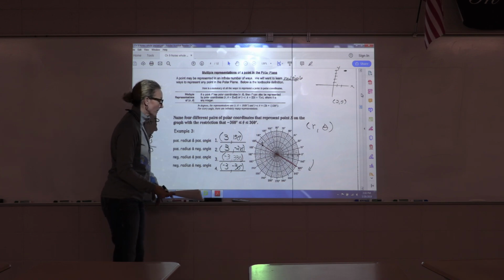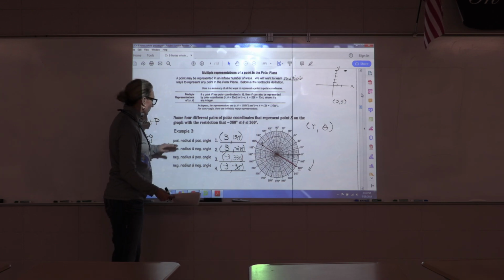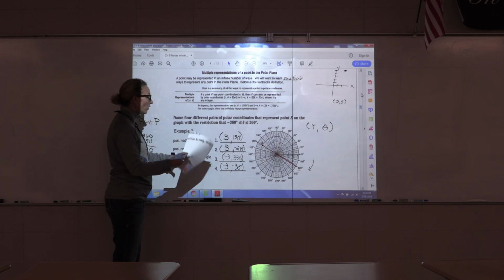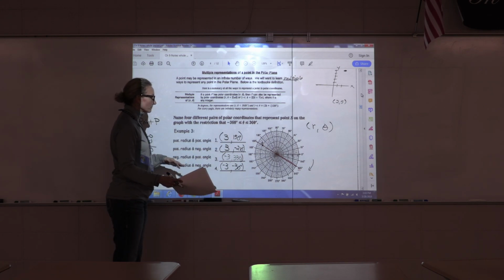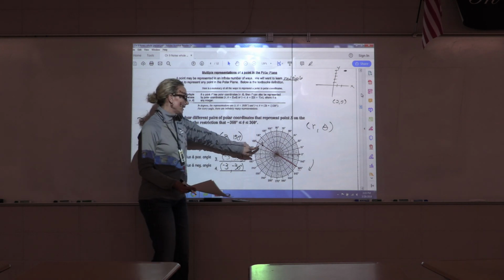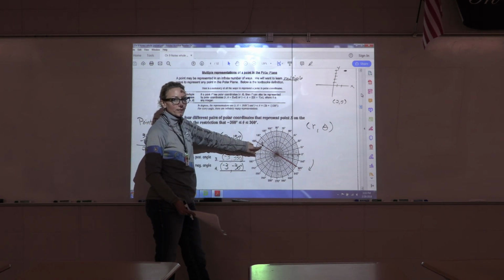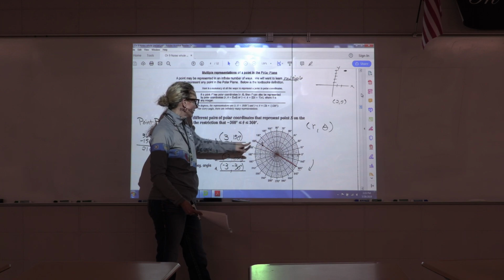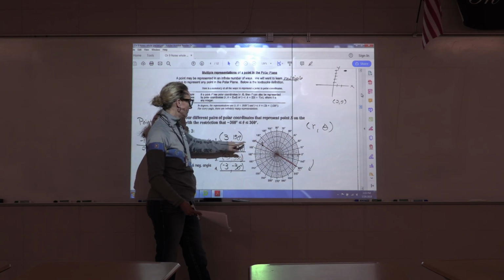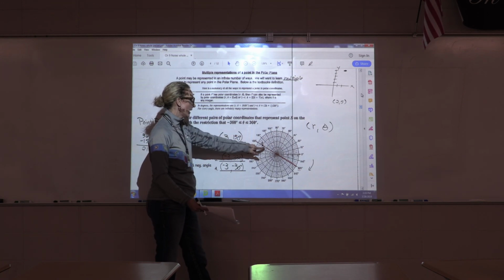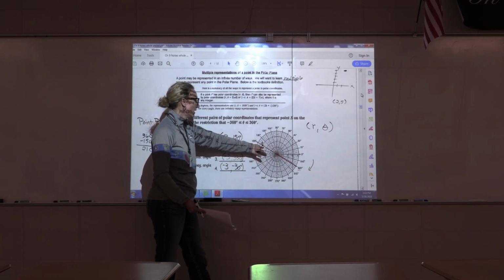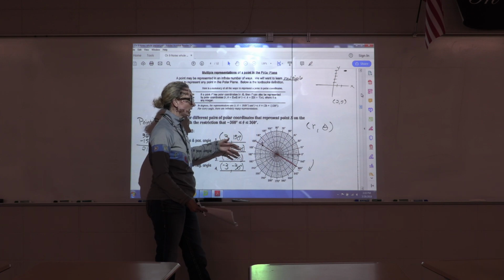Now, the reason that Mr. Olson and I lay out these is so you can get the multiple representations with all kinds of different versions. Certainly, what would keep us from saying, well, if I want this point in multiple versions, why couldn't I just add 360, add 360 again, and just keep adding 360, and that would be another different theta?